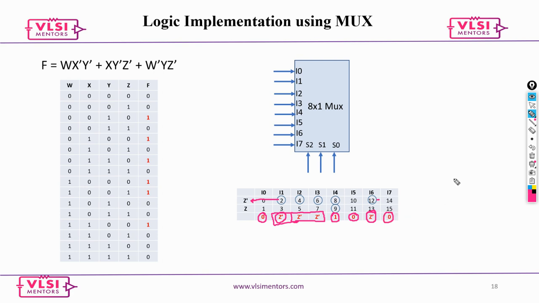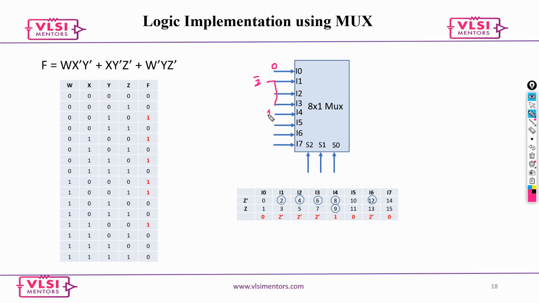Now you have got I0, what is the value? I1 is Z bar, I2 is Z bar, I3 is Z bar. Now ideally speaking, I would just say 0, Z bar.